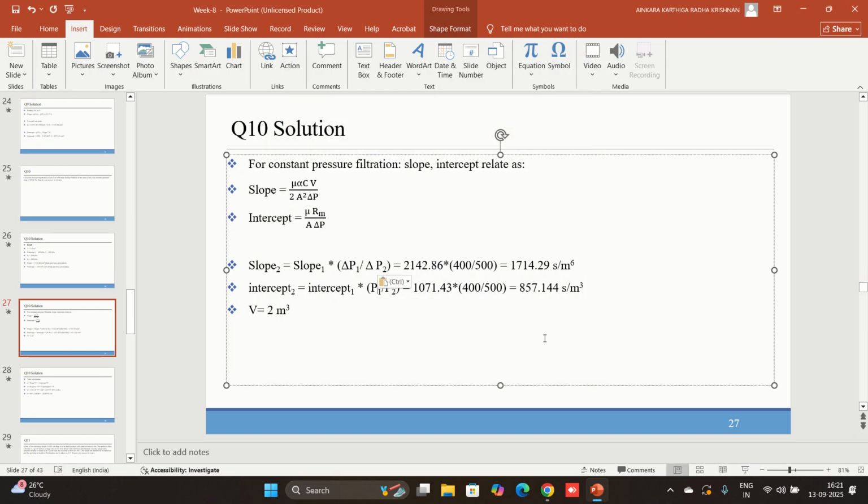So slope is inversely proportional to delta p. Similarly, intercept is also inversely proportional to delta p.